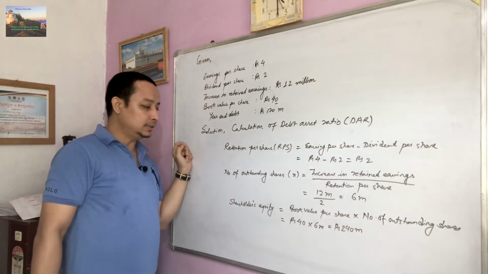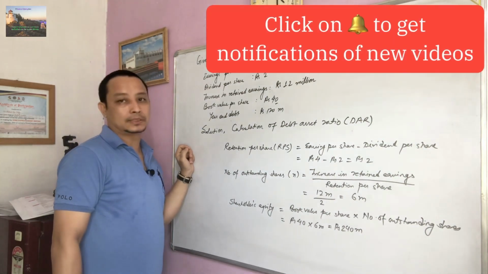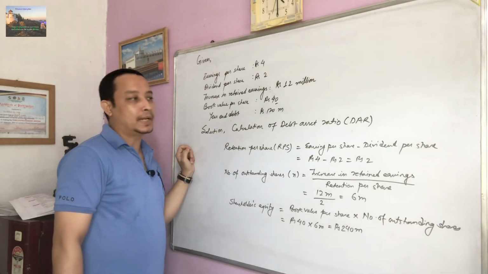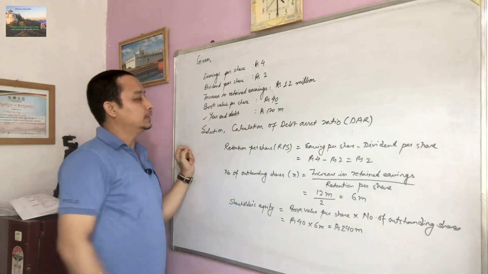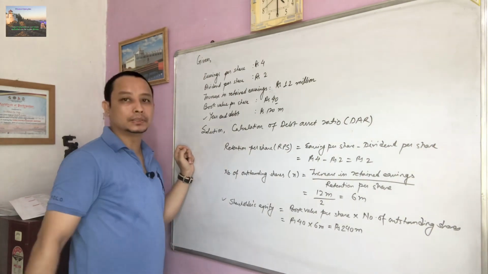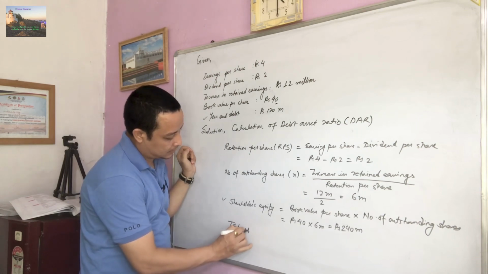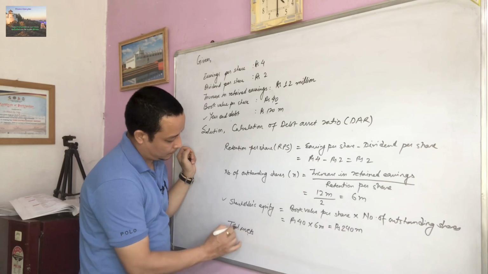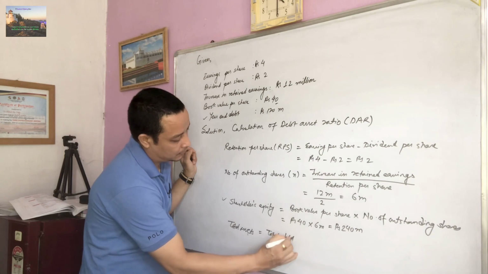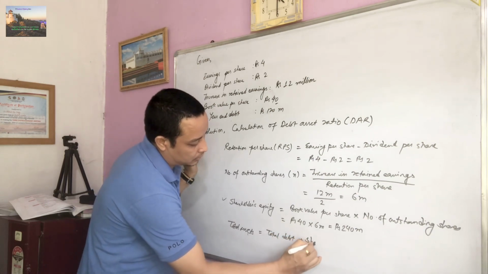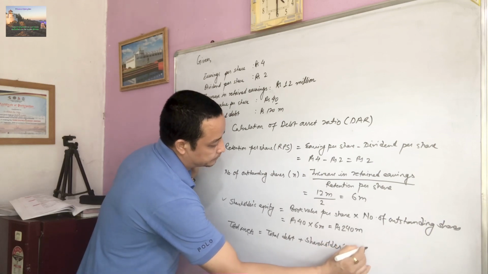Now after finding shareholder equity, you have to find total asset in order to find debt asset ratio. Here debt is given and shareholder equity is given, so now you can find the total asset. Total assets equal total debt plus shareholders equity.